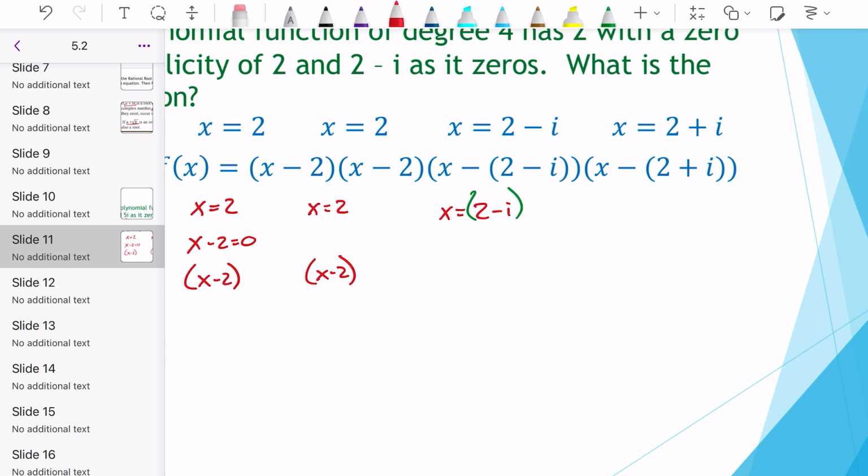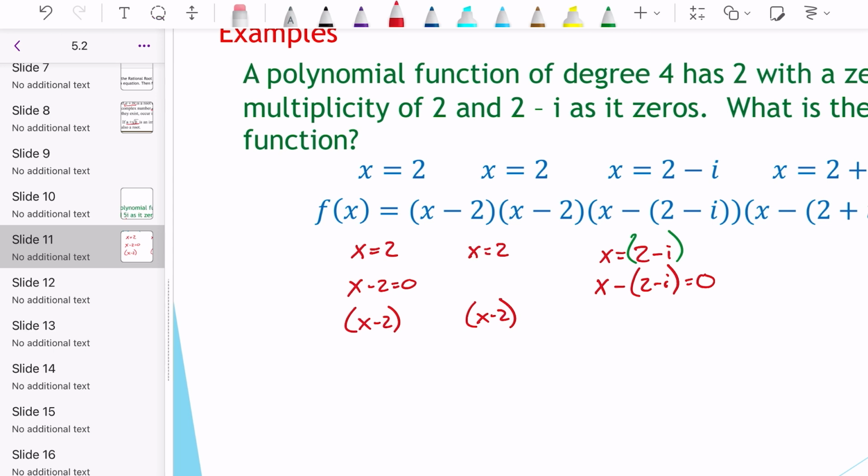So this would turn into x minus, parentheses, 2 minus i, and that would equal 0. Now, as we go ahead and distribute this, this would give us x minus 2 plus i.